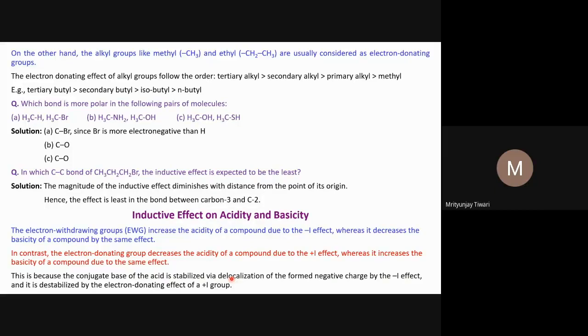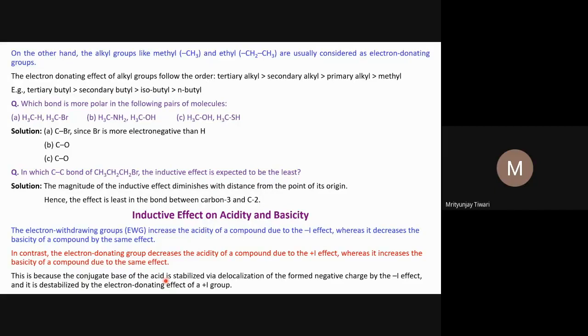Charged conditions are not stable conditions. And again, I'll read: the conjugate base of an acid is stabilized via delocalization of the formed negative charge by the minus I effect, and it is destabilized by the electron donating effect of a plus I group.